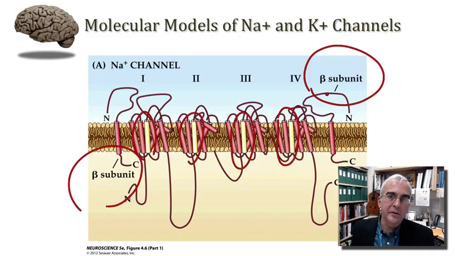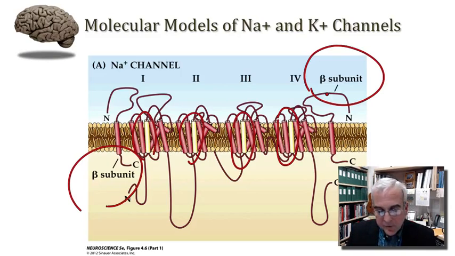But those genes can have multiple reading frames, and the product of that gene can be modified in various ways. So there may be different capacities to modify this basic structure in interesting ways that will have an impact on its function. And in some cases, there may be genetic mutations of these genes that will impair the function of these channels. And that's a fascinating story that you can read more about in a box that's found in Chapter 4.